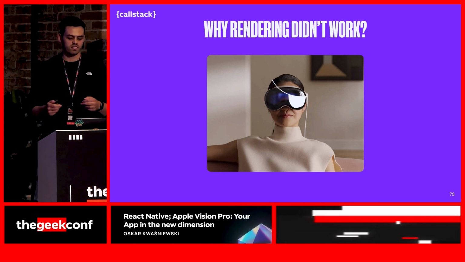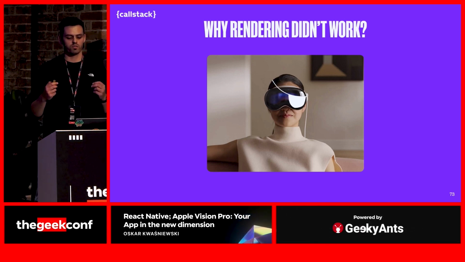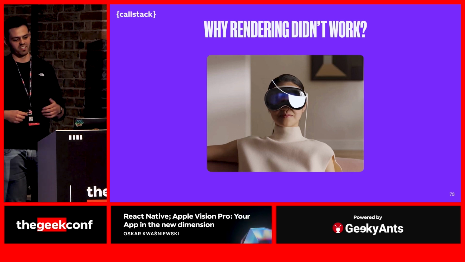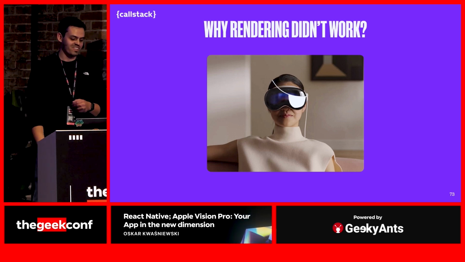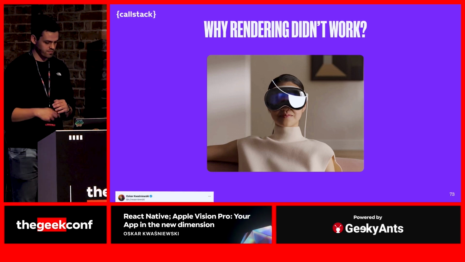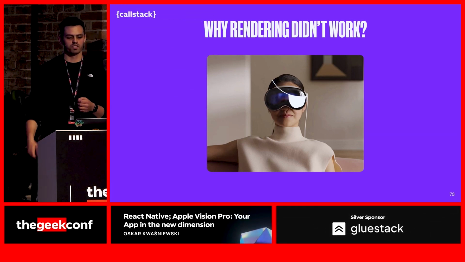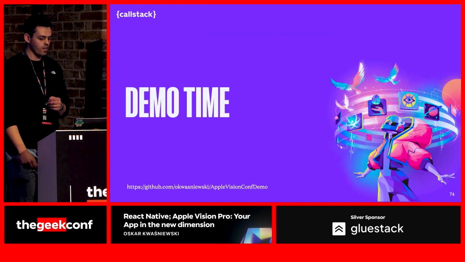And a funny thing is that after the first week of debugging, we got to render only to the left eye. So you could feel a bit like a pirate, seeing only with your left eye. But then after the next week, we finally got it to render properly. And if you want to learn more, I wrote a pretty long tweet explaining this in detail.